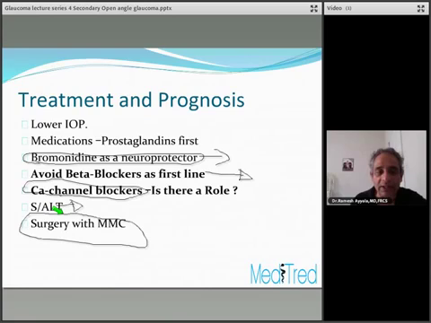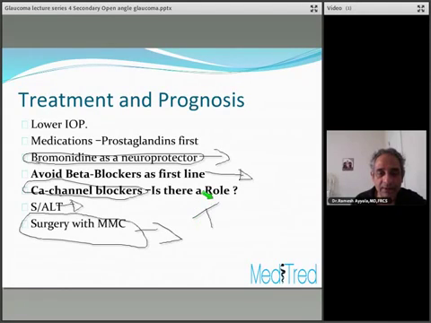And the only way that you can successfully do this is by performing the trabeculectomy operation with mitomycin C. So the number one go-to procedure in my practice is trabeculectomy with mitomycin C. Trab is the way to go in these patients, okay?